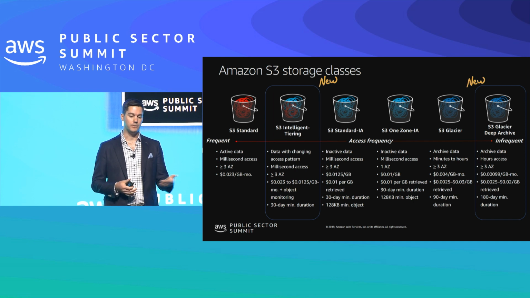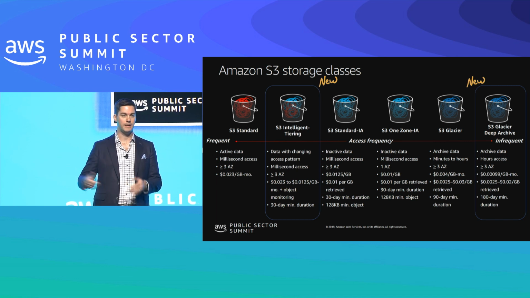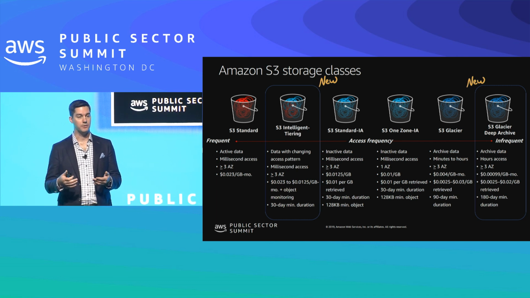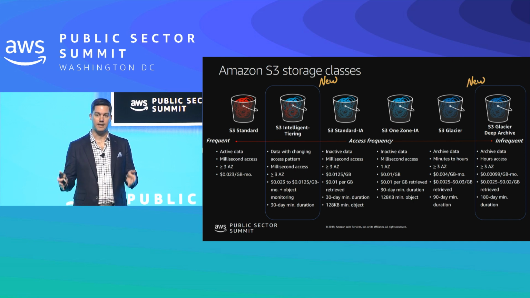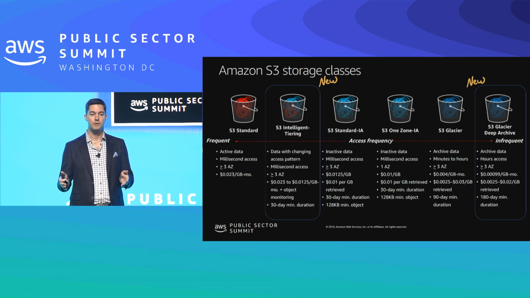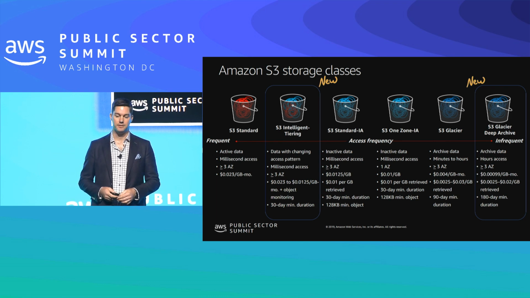And in doing so, we were able to reduce the storage price while extending those retrieval times to 12 and all the way out to 48 hours. So if your system is able to tolerate that 48-hour restore time, you're able to enjoy some really nice savings on the storage cost that you'll pay month over month.